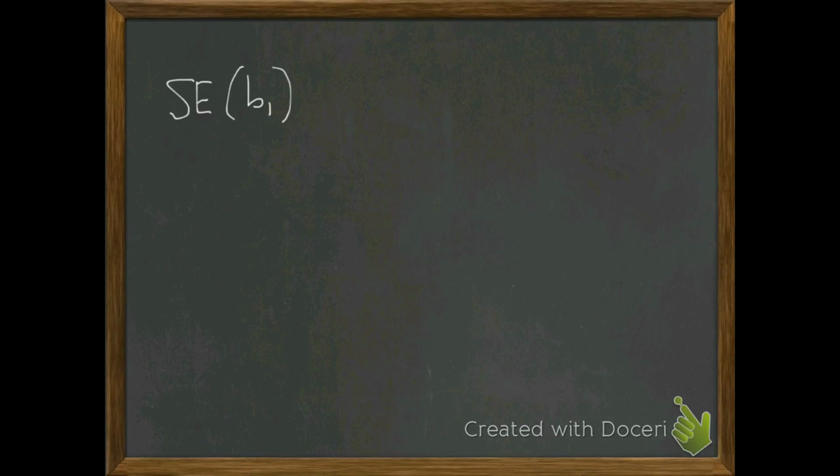The way I want to look at this first is the square of the standard error. From one of the previous lectures, we have the mean square error over the sum of x sub i minus x bar squared.